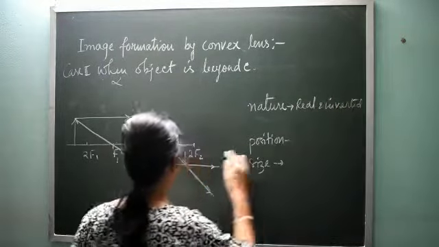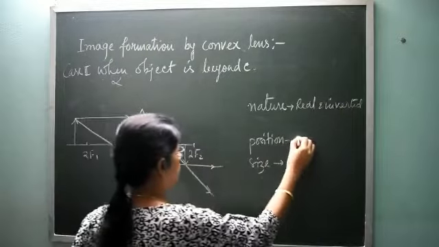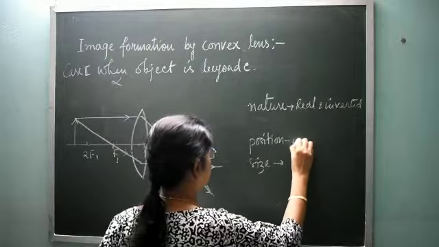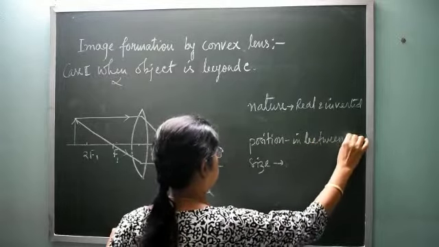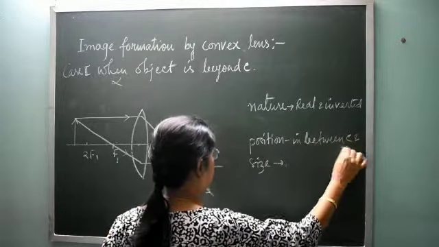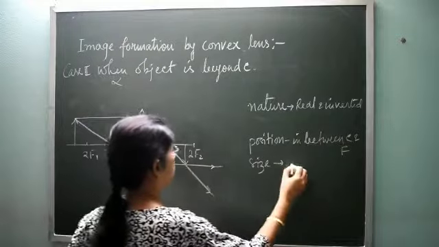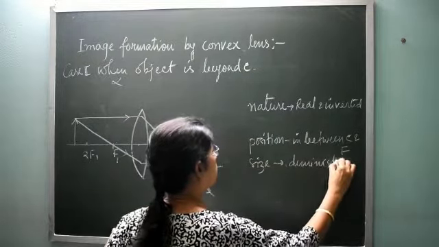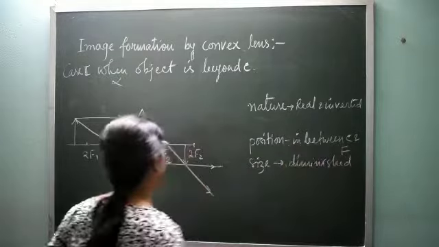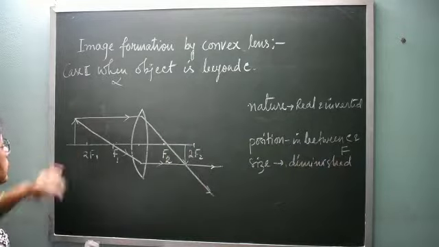Position will be in between C and F, and size will be diminished, or smaller than the object. I think it is clear to you.